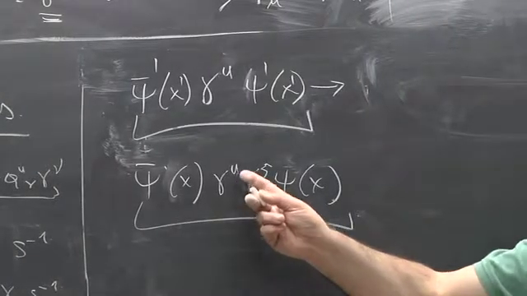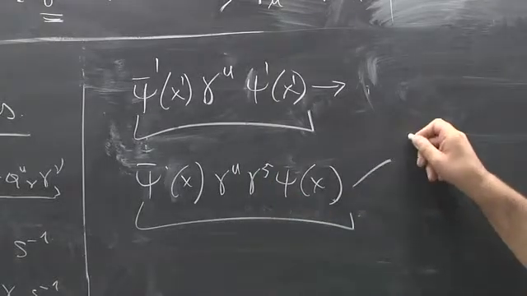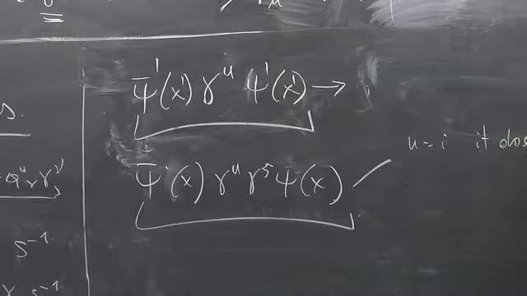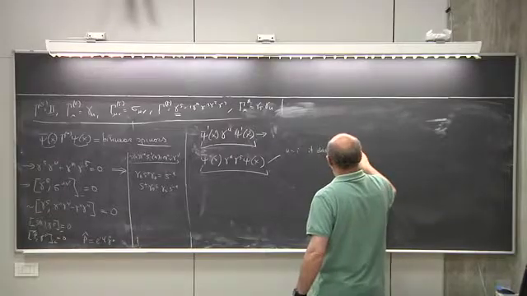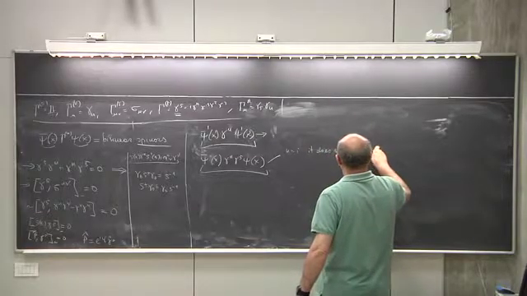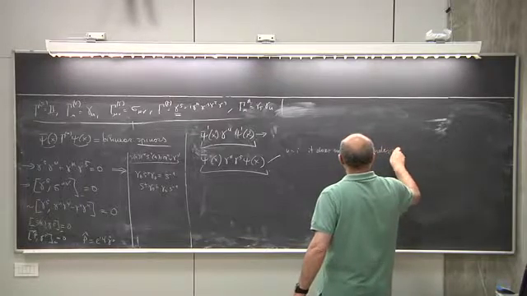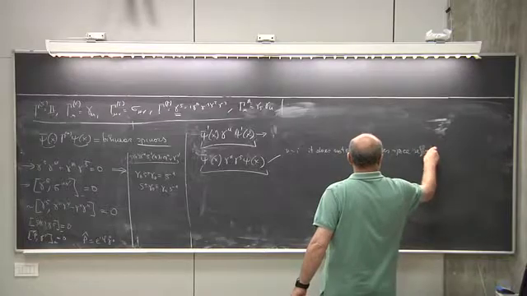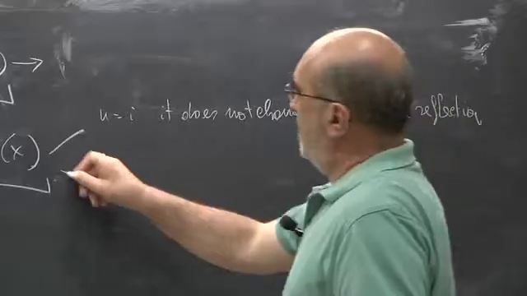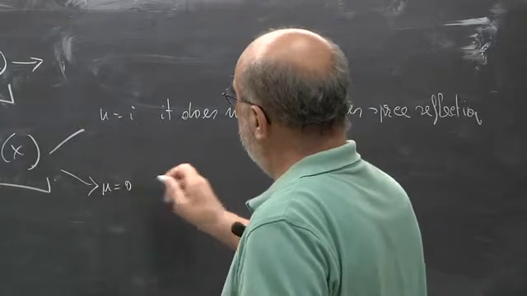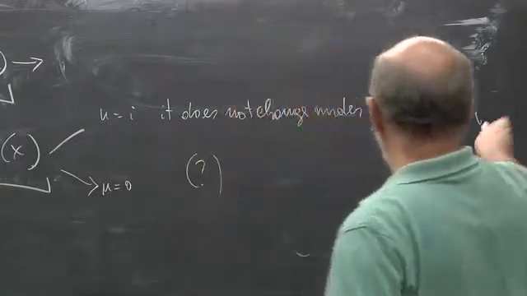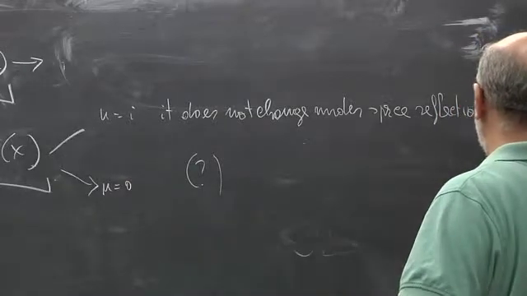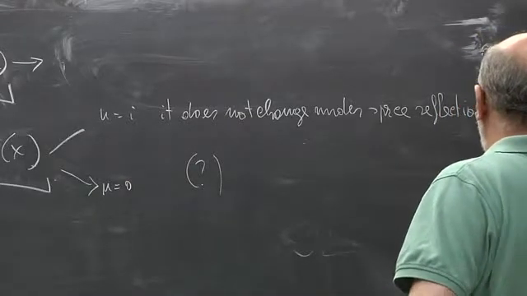So that means if I take mu equal I, it does not change under space reflection. For mu equals 0, you have to find out. But anyhow, this part is enough to qualify it as a pseudo vector, not a real vector.